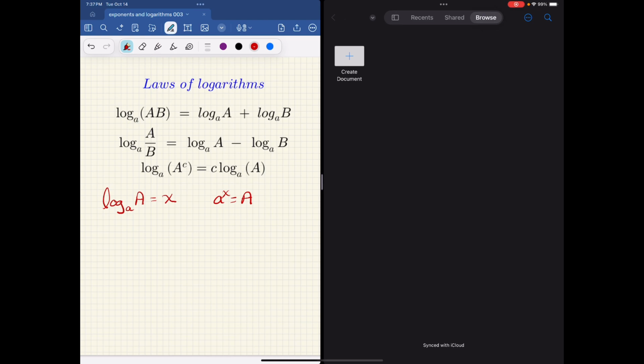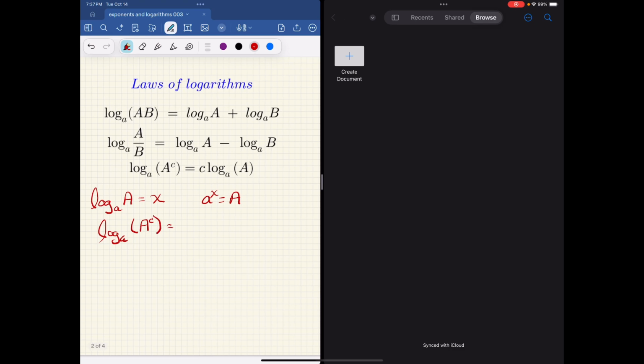Now, we can go back and ask ourselves, what is the log base a of A to the c? We're going to substitute a to the x for uppercase A. So that is log base a of a to the x to the c. But we know that that is log base a of a to the xc. And what is log base a of a to the xc?